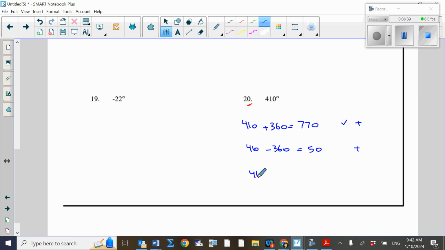So 410 minus 2 times 360, which is 410 minus 720, and that's equal to negative 310. This one is negative, so that's acceptable. So we could choose either of these two as positive ones and this one as negative.